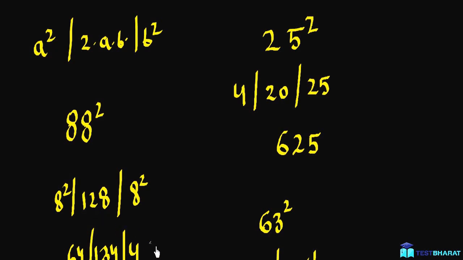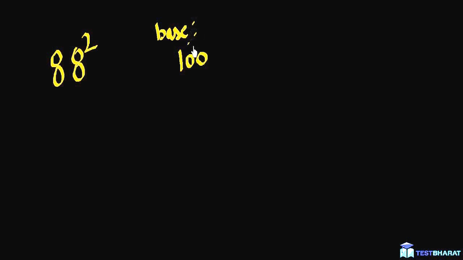So let's say we have to find the square of 88. Our base will be 100. What's the fundamental of this base? Whatever number we have to find the square of, we will take the base which is closer to that number.